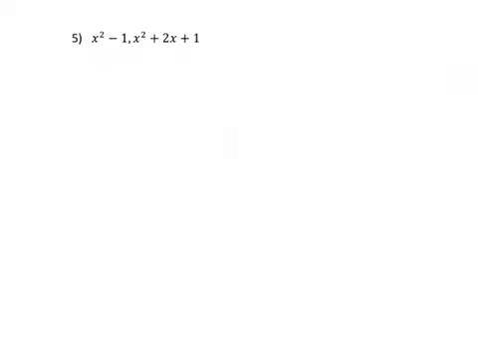Next one, again, I'm going to start by factoring: x minus 1 times x plus 1. And the next one factors to x plus 1, x plus 1, right? Two numbers that you multiply and give you 1, and you add and give you 2. So I'm going to identify first my greatest common factor. I have the x plus 1 repeating, right?